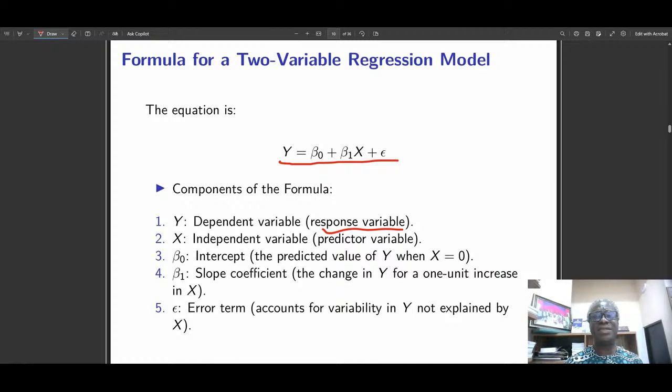The x is the independent variable and is also called the predictor variable. If you look at this very well, we will need data for y, we will need data for x. But beta naught and beta 1 are values that we don't know.